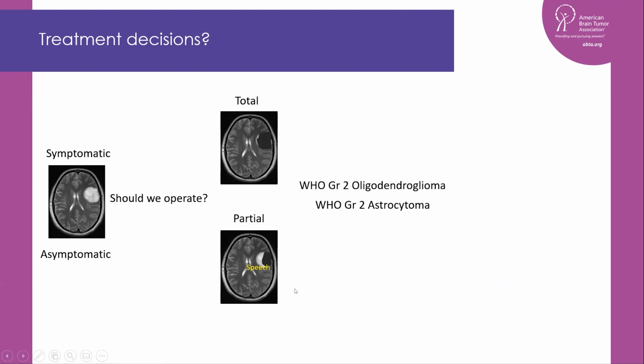There are awake craniotomies that people do, which is basically during the surgery, they wake up the person and say, come on, say these things. And they go through tests and you can see if anything is being affected in a certain part of the brain. And then they put them back to sleep and go back to surgery to try to remove as much as possible. So sometimes because of these functional areas being very close, you cannot remove everything. And then a partial resection may need to be done.